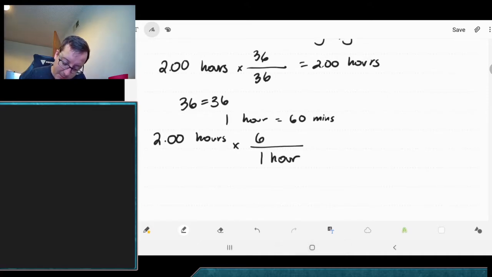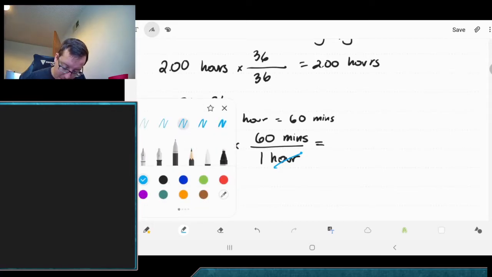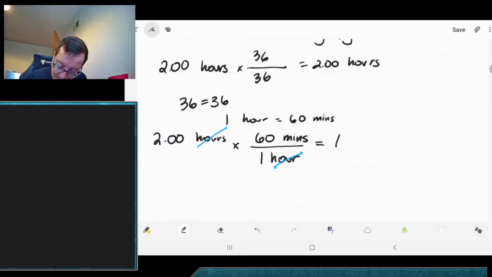And we're going to put 60 minutes on top. And we're going to see that if we do this math, hours will cancel out with each other. Remember, a unit divided by itself cancels out. And if we go ahead and do the math, we get 120 minutes.